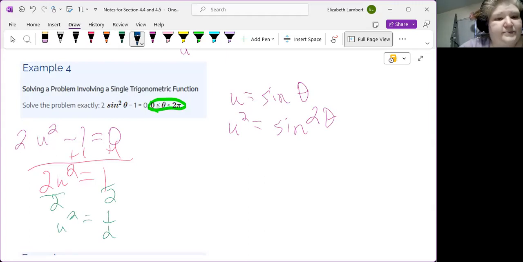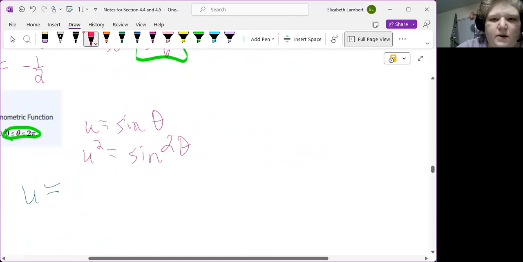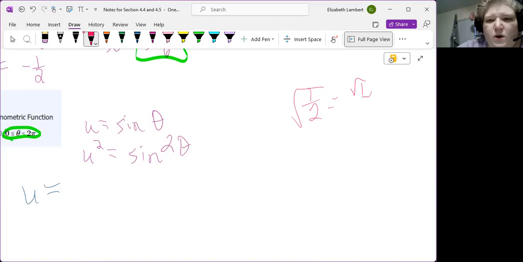All right, now we're going to square root both sides. And remember, what do we do when we choose to write the square root? We better remember the plus or minus. So u could equal positive, so just sidebar, square root of 1/2 is square root of 1 over square root of 2, which is 1 over the square root of 2.